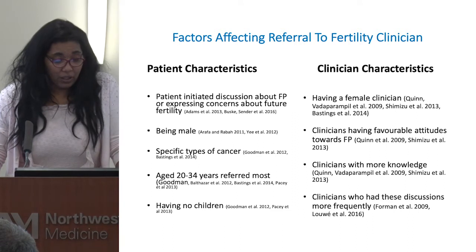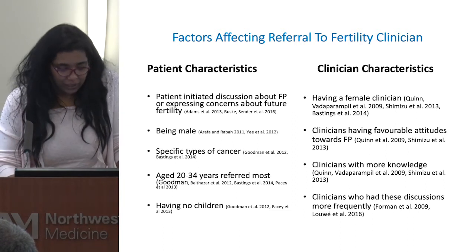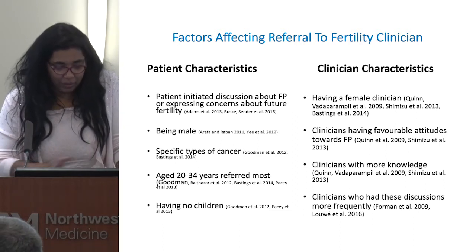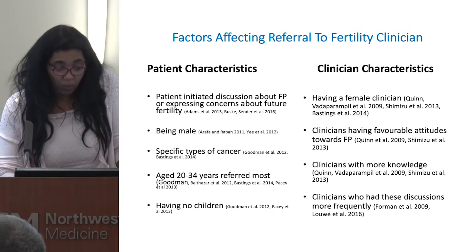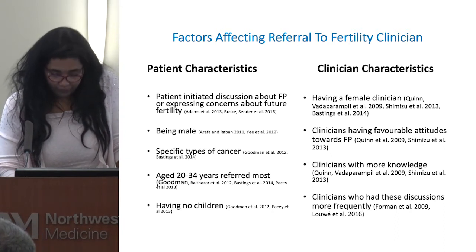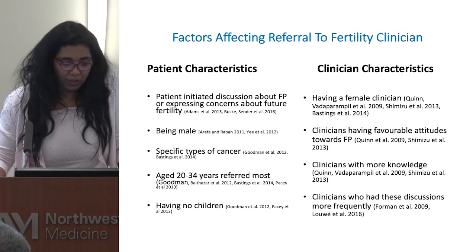And as I said, being male and being between 20 and 34 were the patients who were more likely to be referred. So obviously we've got more work to do there.